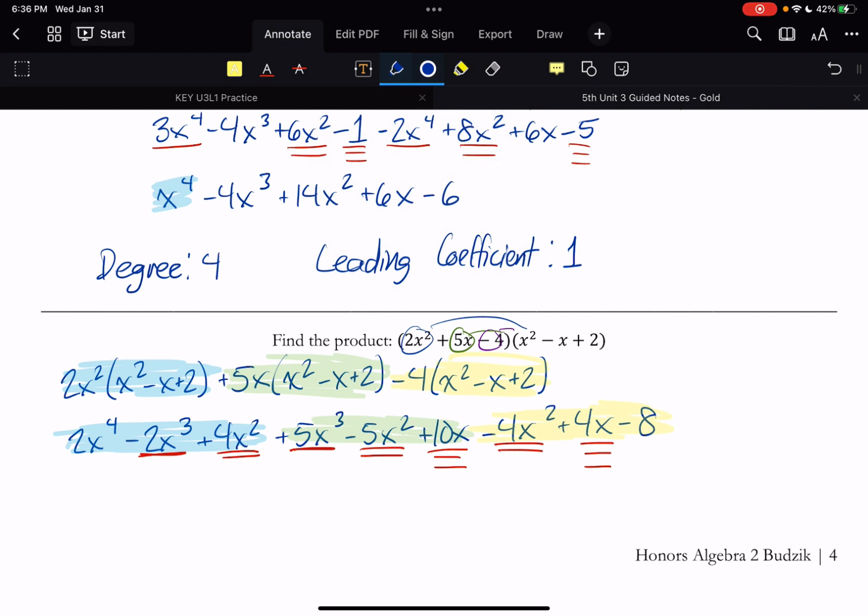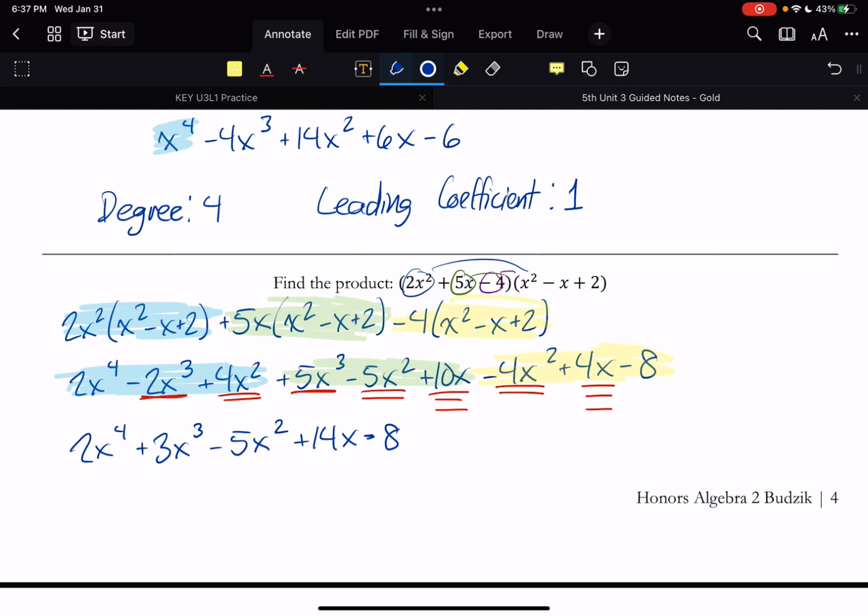So now combining all my like terms, I have 2x to the 4th, negative 2x cubed plus 5x cubed gets me plus 3x cubed, 4x squared minus 4x squared cancel out. So that leaves me negative 5x squared. 10x plus 4x is 14x, and then minus 8 at the end. So that is how we multiply two polynomials together.